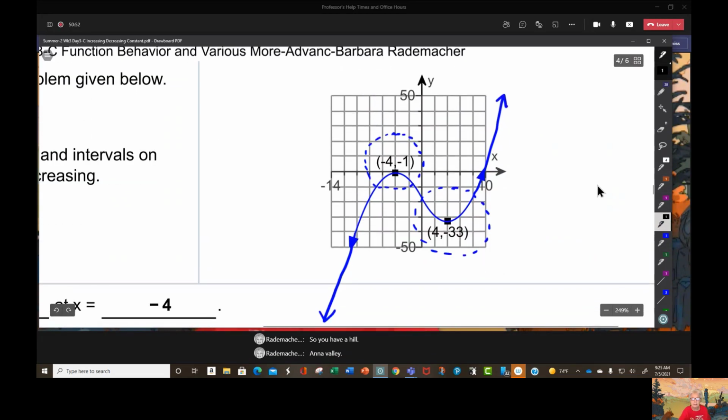Now, we discuss hills, which are called relative maxima. That's the plural.